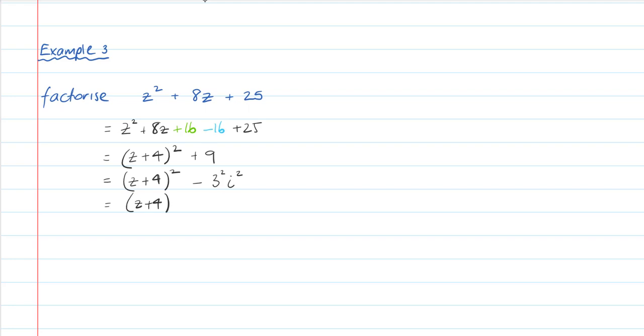Z plus 4 squared minus 3i squared. And now my difference of two squares says that this is z plus 4 minus 3i times z plus 4 plus 3i. And the full expansion of that will take us back to what we had originally. So that's a really nice, clean method of completing the square.